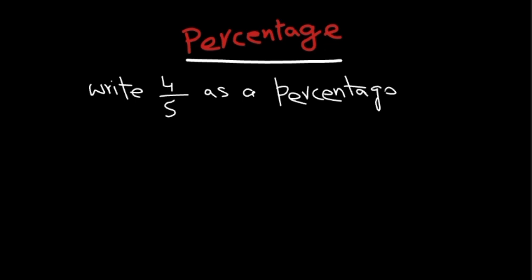So for this we have 4 over 5 multiplied by 100.